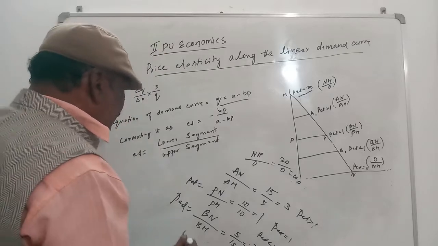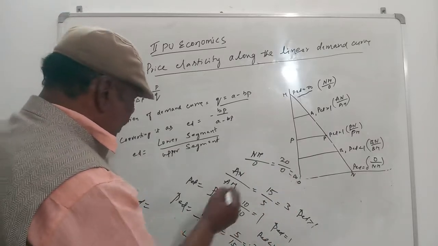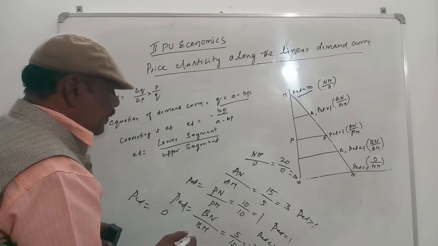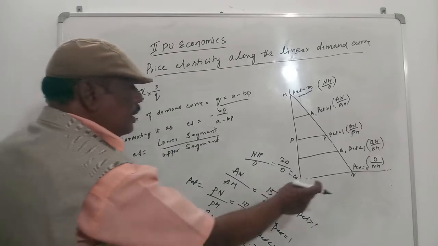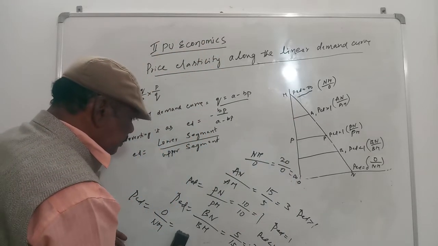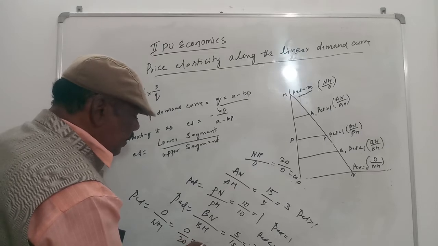Okay, and coming to the last one, PED. That is 0. Upper segment is 0, and then NM, say 0 divided by 20 is equal to 0.